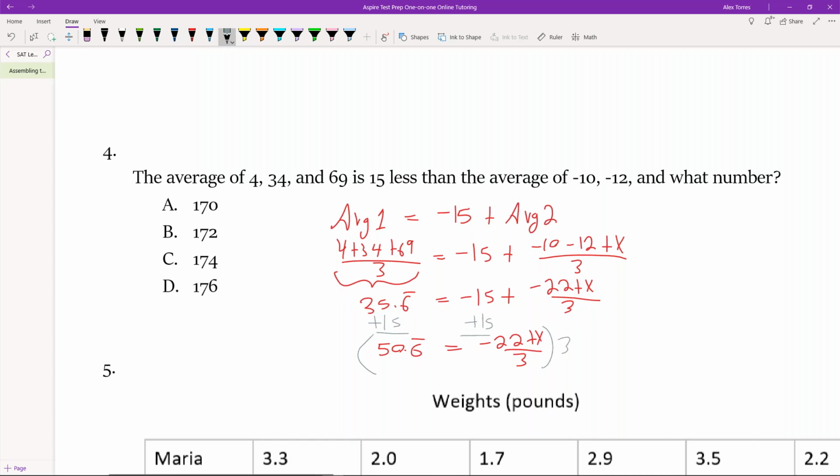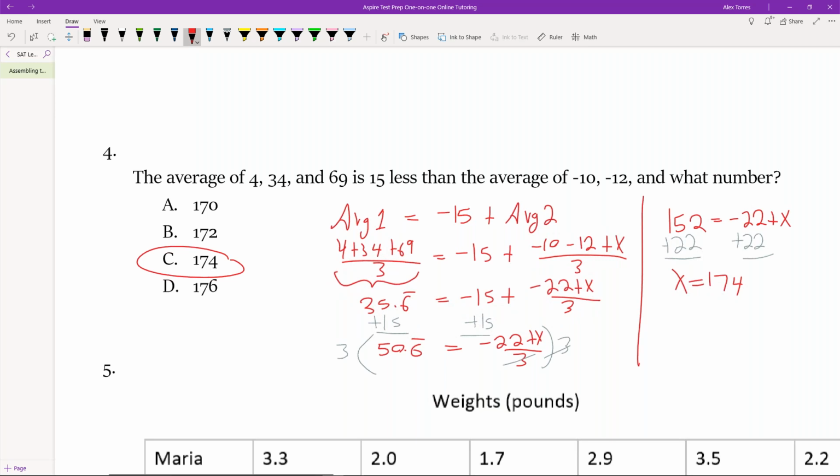Multiply both sides by 3. So we have 152 equals negative 22 plus x, because in this situation the 3's canceled. And the next thing is going to be to add the 22 to both sides. And x is 174. So the answer here is C.